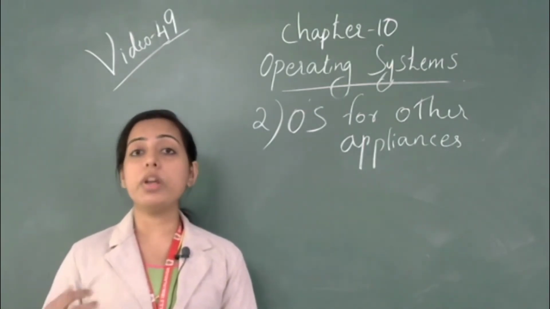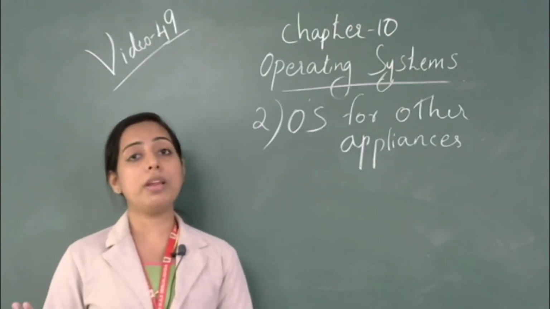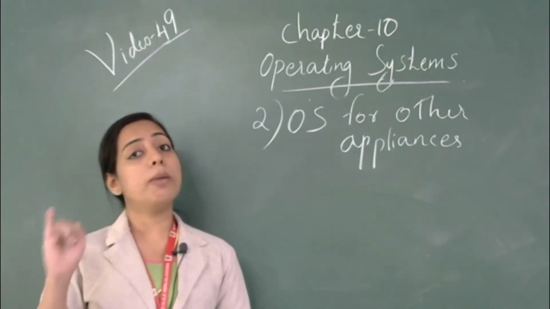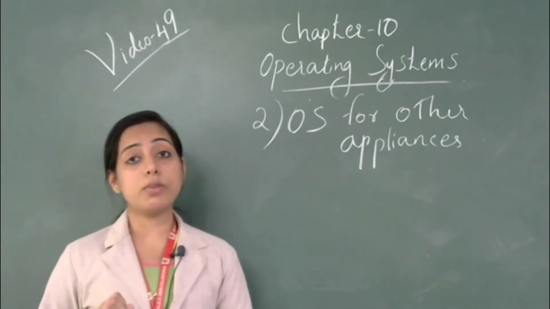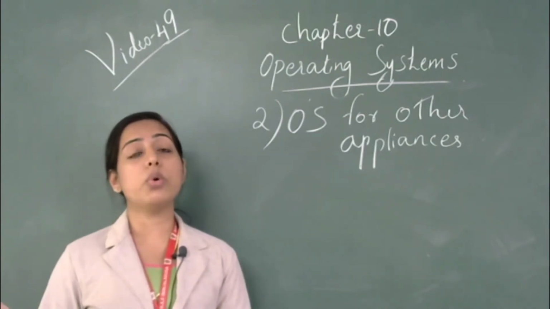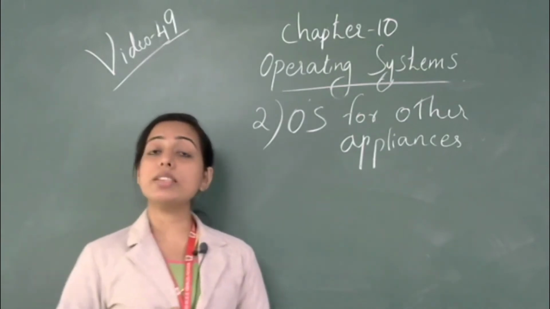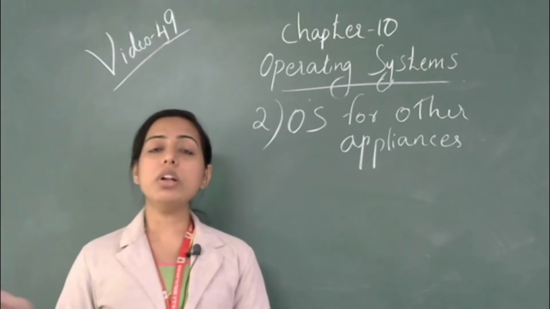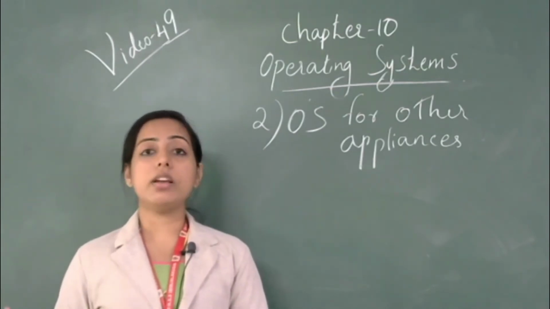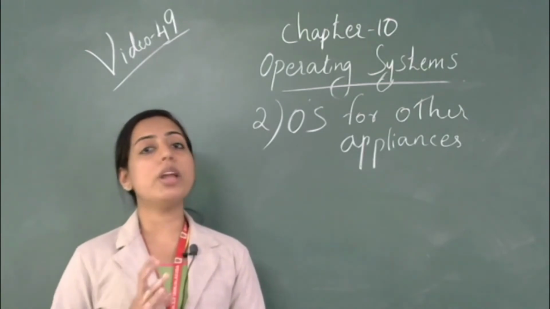Apart from the computer, what are the other devices that use programming instructions or programming language? Yes, mobile phones. Mobile phones use the operating system called Android, and their applications work based on programming instructions. The next one is ATM, automatic teller machine. Then motor cars. Some motor cars work based on programming instructions.